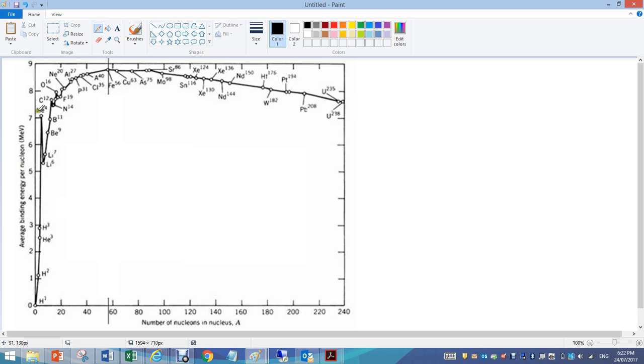So for example, helium-4 right here has, on average, 7 mega electron volts per nucleon. It's got 4 nucleons, so it must have 28 mega electron volts of energy when its nucleus gets formed. So when you make a helium nucleus, it releases 28 mega electron volts.